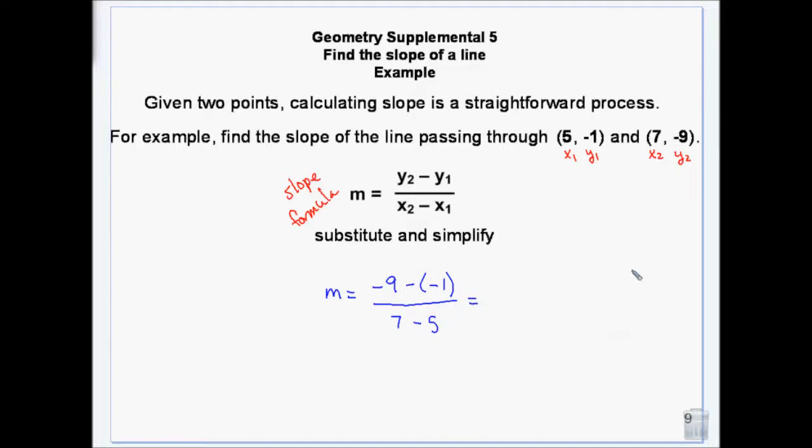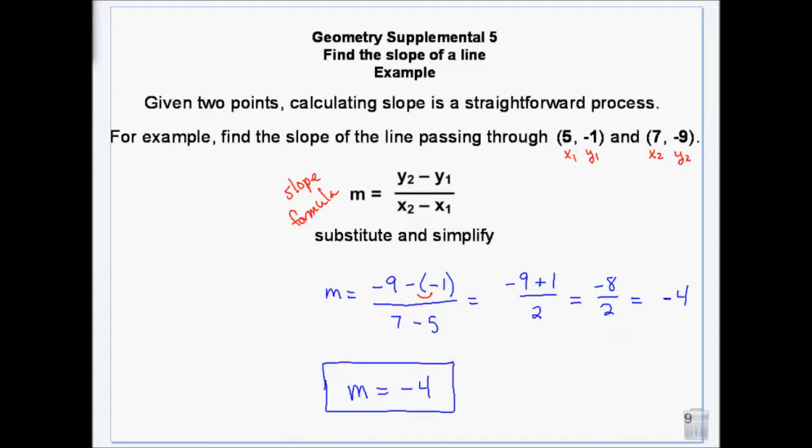Anytime I minus a negative, it ends up being positive. So that's negative 9 plus 1, and then 7 minus 5 is 2. Negative 9 plus 1 is negative 8, and negative 8 divided by 2 is negative 4. So my slope is negative 4.